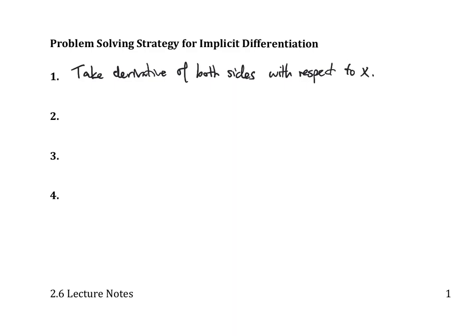When I say with respect to x, we're saying x is the independent variable. So we treat y as a function of x, just like we did in the discussion up above.